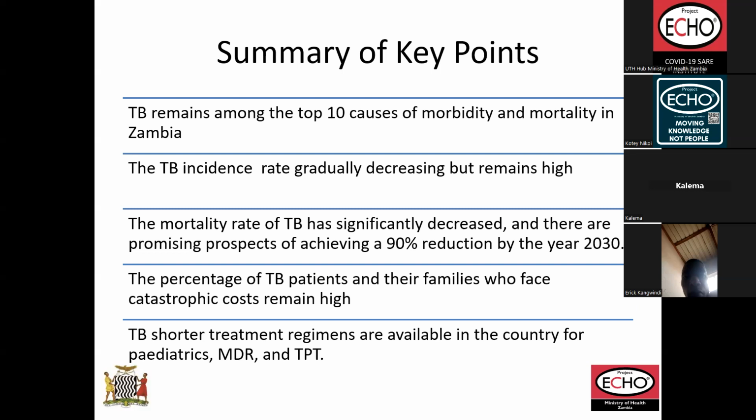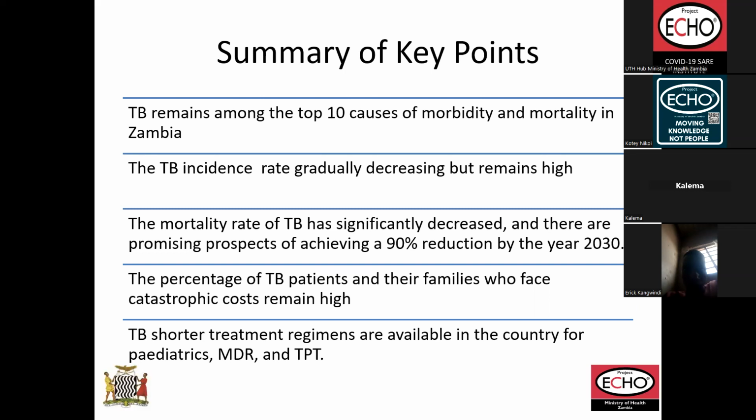Then the percentage for catastrophic costs still remains high, and I need to mention here that a big chunk of these catastrophic costs actually came from non-medical related costs that our patients are facing. So we need to focus on interventions that will bring some of these services as close as possible to the community to cut down on certain things that they might be incurring as they move.